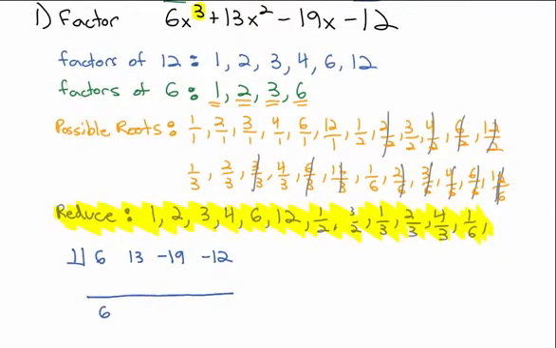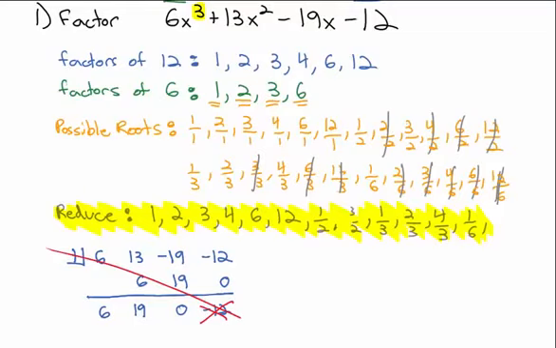Well, the 6 comes down. 6 times 1 is 6. 6 and 13 is 19. Times 1 is 19. 0, 0, negative 12. We're looking for a remainder of 0 if it's a real root. Negative 12 did not work, so 1 is out.